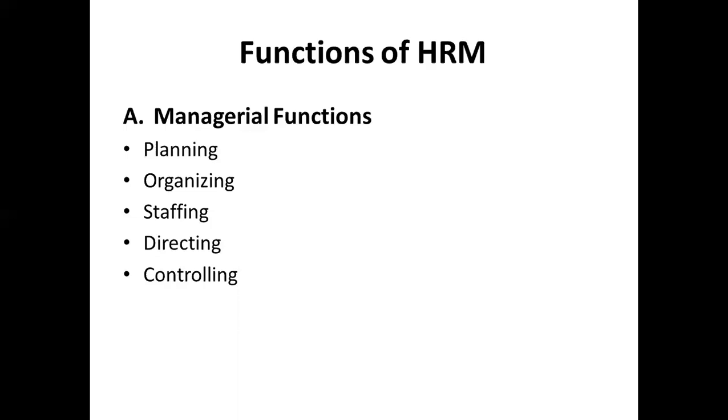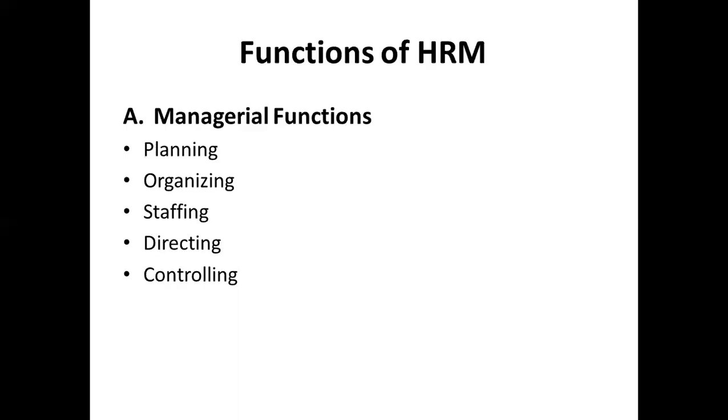The third managerial function of human resource management is staffing. What is staffing? Staffing is the way in which you bring human resource to the organization. It includes selection, training, promotion. All this is a part of staffing. In staffing, what needs to be done?